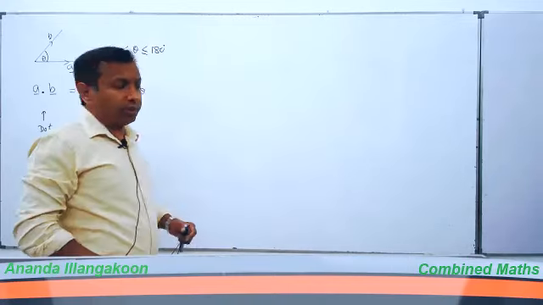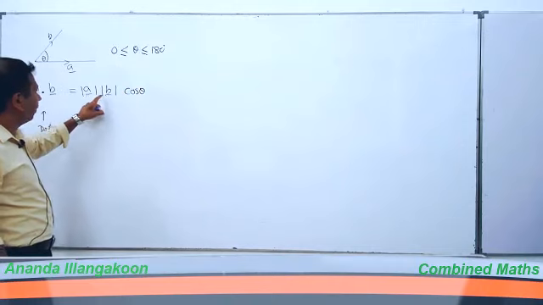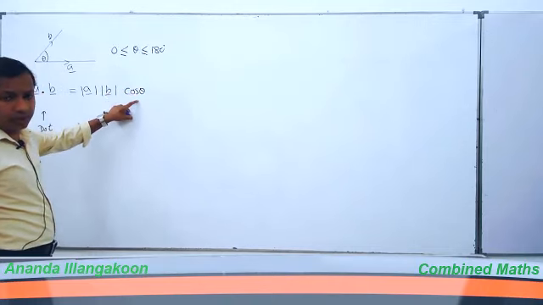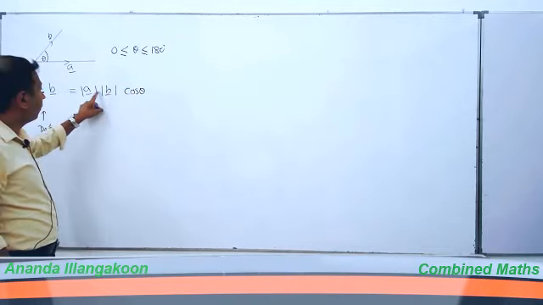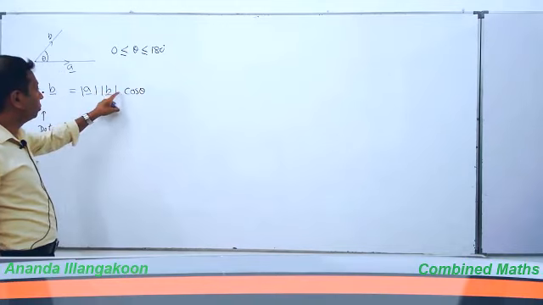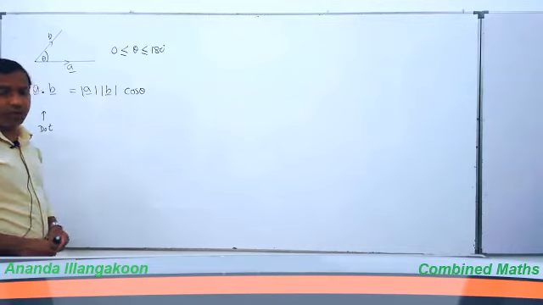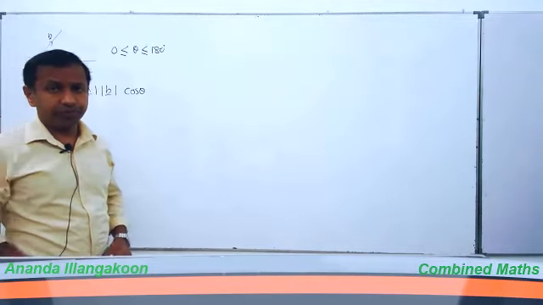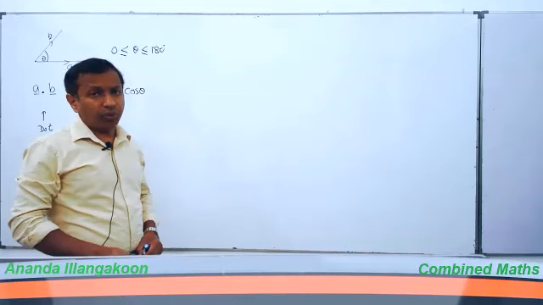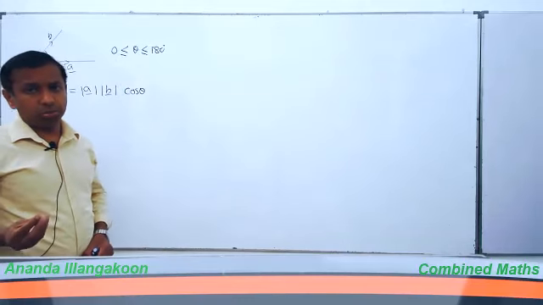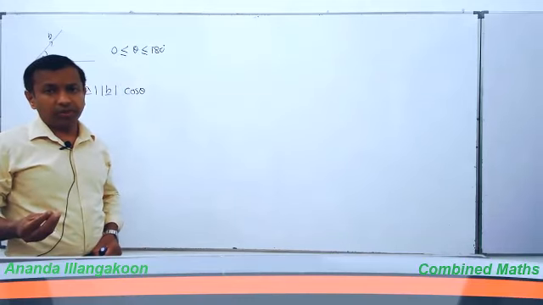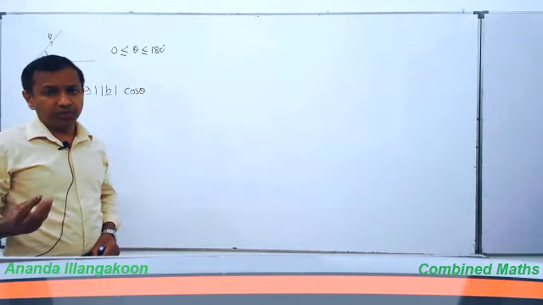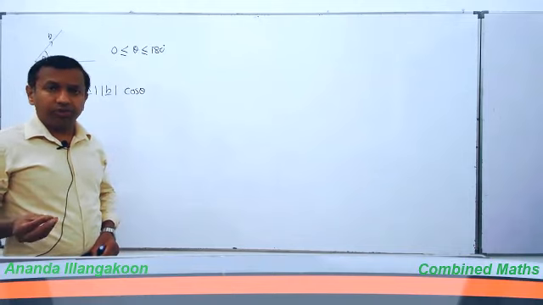Now, on this right hand side, between mod A, mod B and cos theta, we have the usual multiplication. Mod A is a real number, the size of the vector. Mod B is also a real number. Cos theta is also a real number.